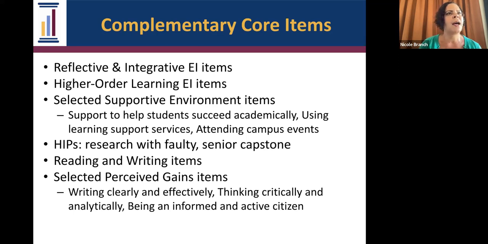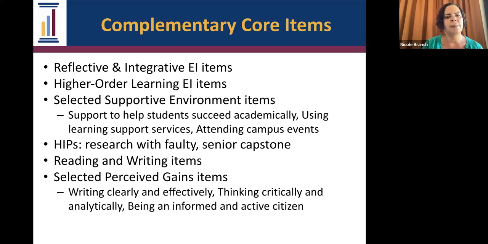And then higher order learning items that have to do with analysis of ideas or experiences. Also items around supportive environment, such as those that focus on support to help students succeed academically, using learning support services and attending campus events. High impact practice items that address research and capstone assignments.